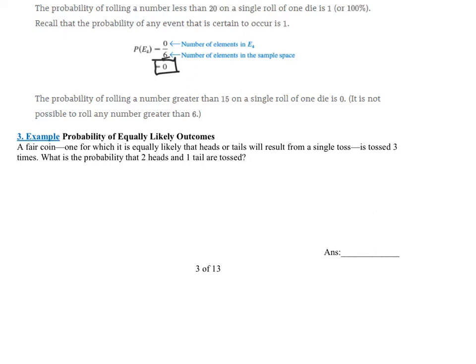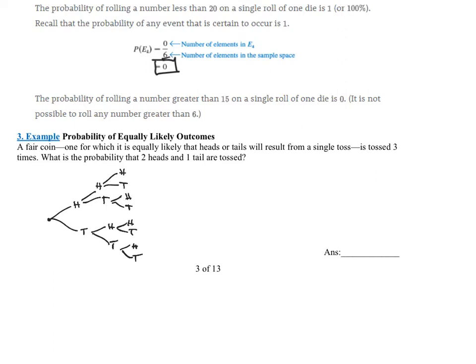Okay, so here's where I started by using the tree, and I said it was heads, tails, then each one of those breaks into heads and tails, and then each one of those breaks into heads and tails, and that's going to give me my total possibilities.